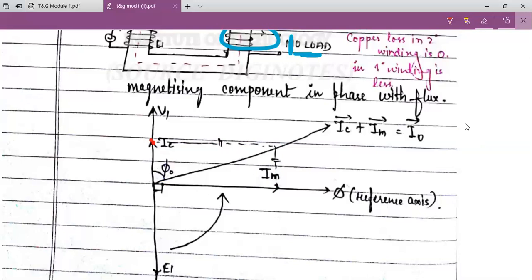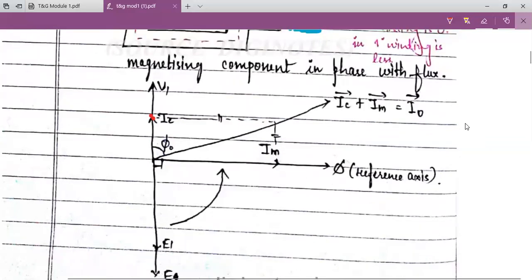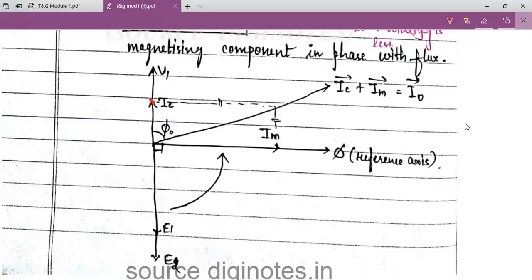And then V1, IM lags V1 at an angle of 90 degrees. Then IC, which is in phase with V1. Drawing that, we are getting the I naught, which has two components, IM and IC.